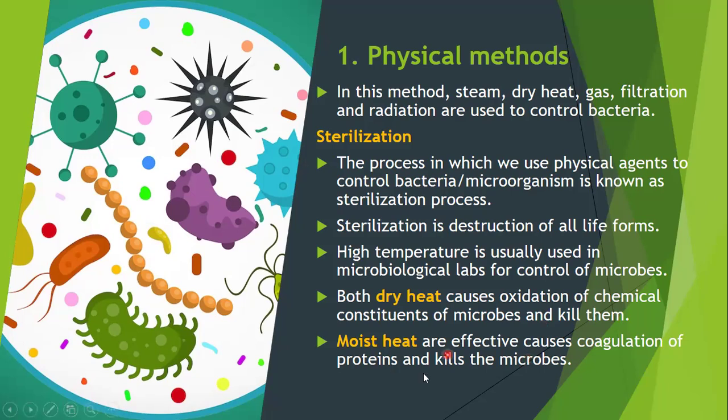Then, in the case of moist heat, the microbes are killed by coagulation of their proteins. So, by using the physical methods, microorganisms can be controlled by using dry heat as well as moist heat.